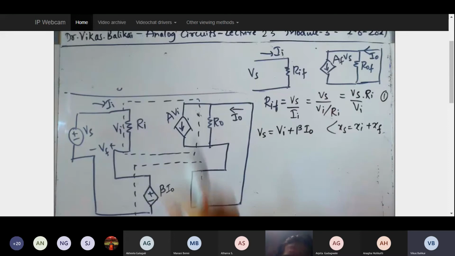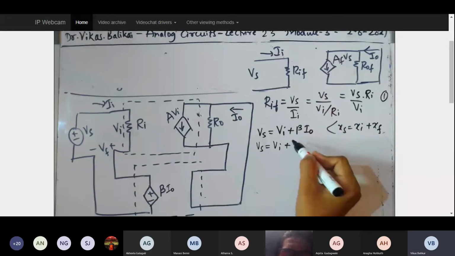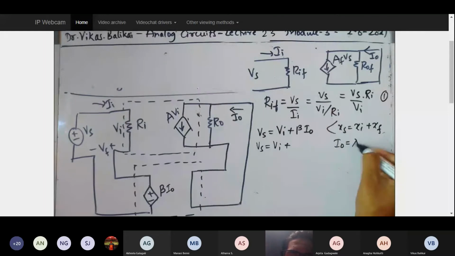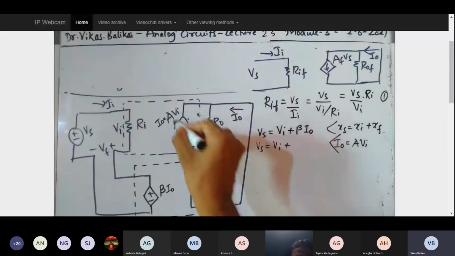So I can write this as VI and beta. What about I naught? I naught can be written as A into VI. Look here, this is I naught, the output current. Output current is represented as A times VI. So that's what I have taken over here.